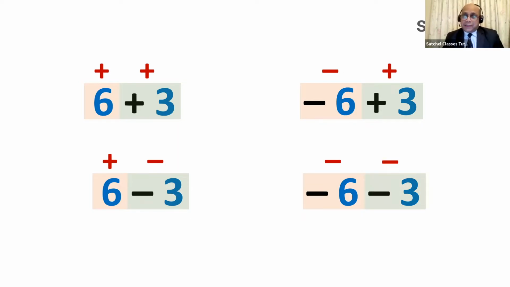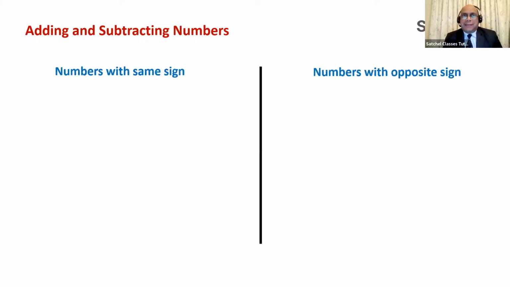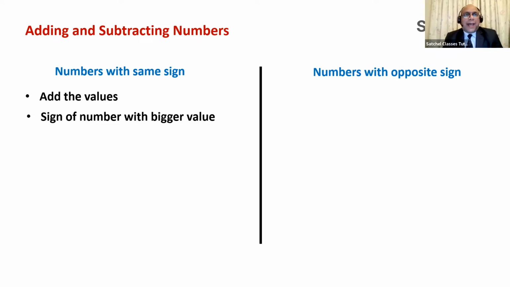With this as a background, let's now build some rules for adding, subtracting, multiplying, and dividing numbers. First, let's begin with adding and subtracting numbers. Now, there are two different rules. One rule is for numbers having the same sign, and the other rule is for numbers having opposite signs. So what do we do if the numbers have the same sign? We add their values or add their magnitude.